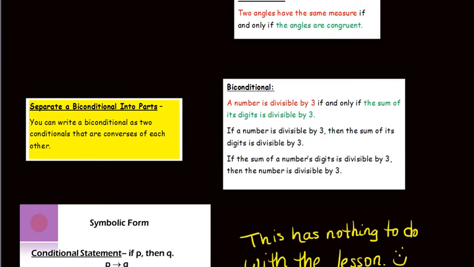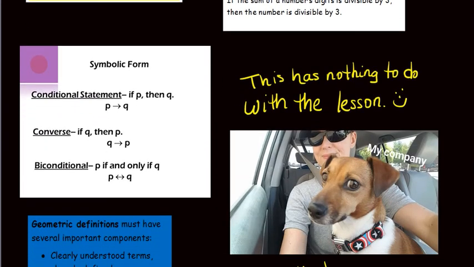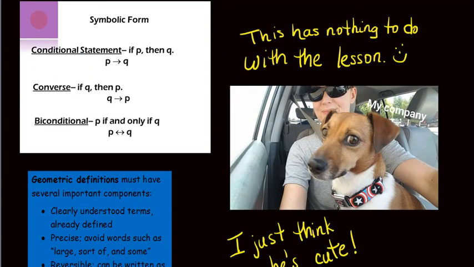Now, in geometry, you may see it written in a symbolic form. The conditional statement might look like this, a P with an arrow to Q, and you read that as if P, then Q. That just means if this is true, whatever that is, then this is true.